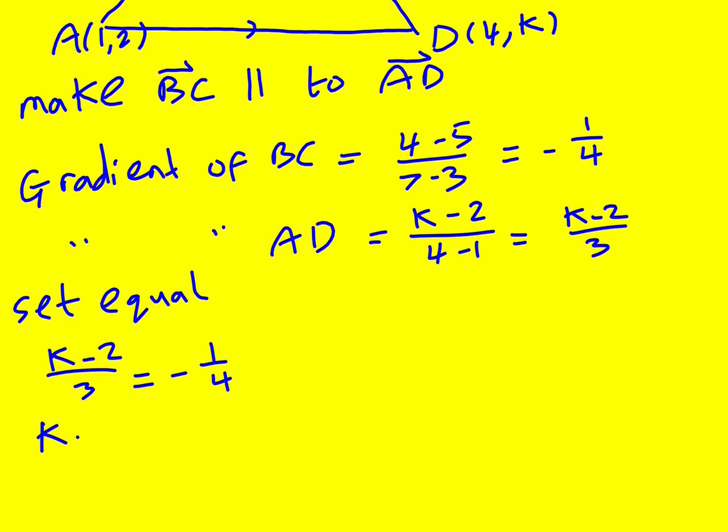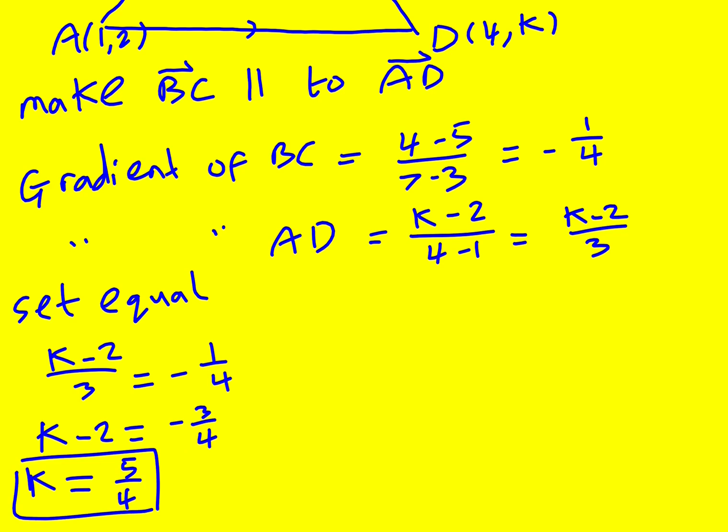Therefore, k minus 2 is minus 3 over 4. And k is going to equal 1 1/4 or 5 over 4. So that is the solid method.